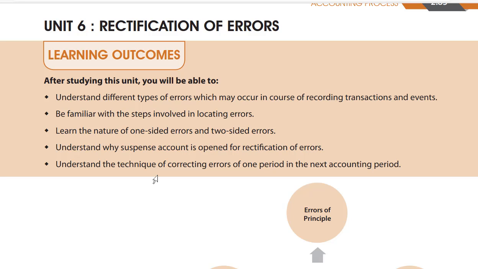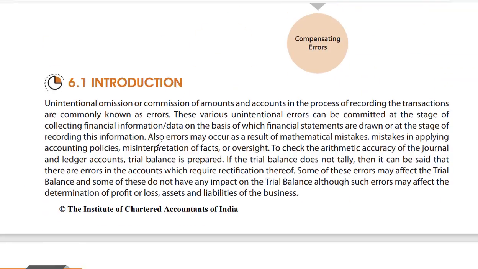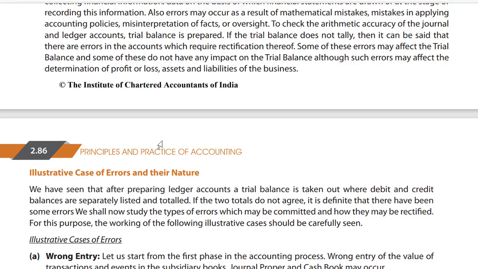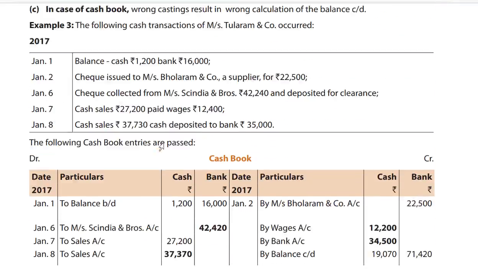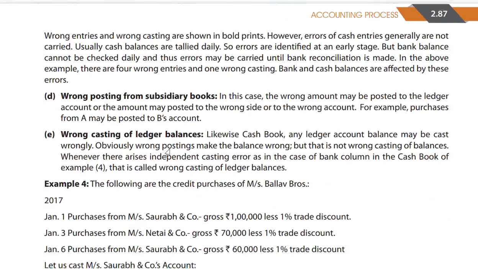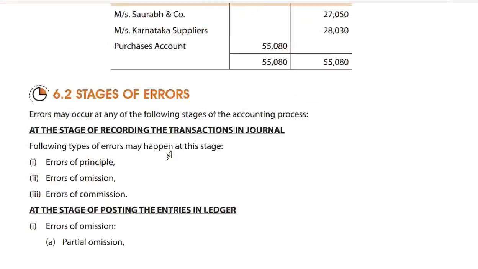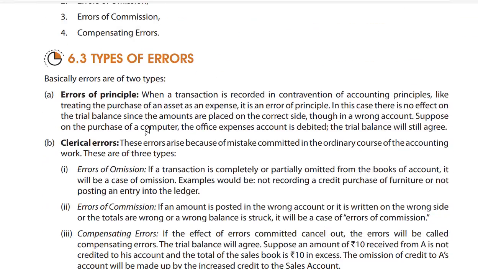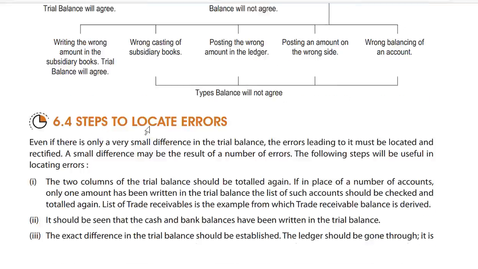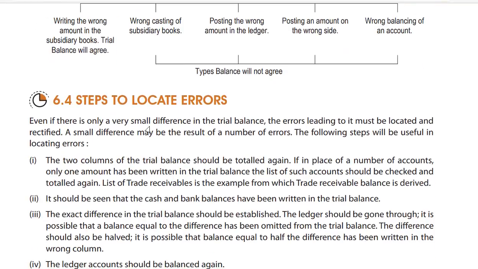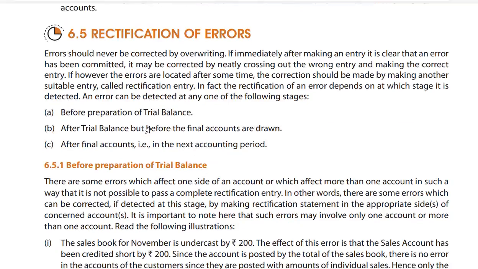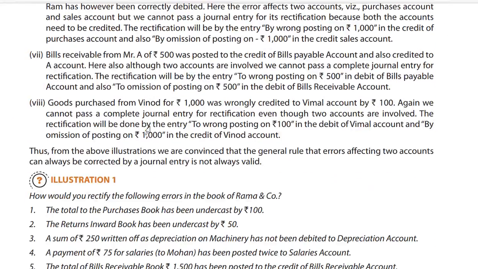So students, we have covered this chapter, that is rectification of errors. Just take an overview. From the study mat, you have seen the types of errors. You have seen this chart. Steps to locate errors, everything is done. Rectification of error is done.